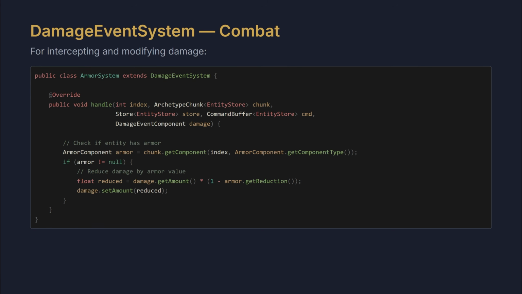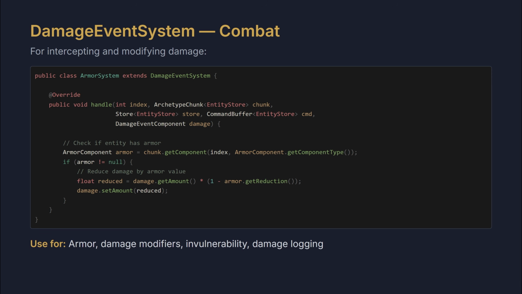We can also use the damage event system for combat, for example, for intercepting and modifying damage. We can check if the entity has armor by getting the armor component and checking if it's not null. If it is not null, then this entity has armor. And then we can, for example, reduce damage by the armor value, set the damage amount, and propagate it further.